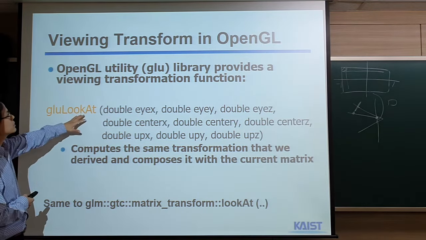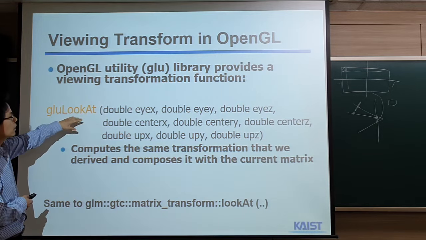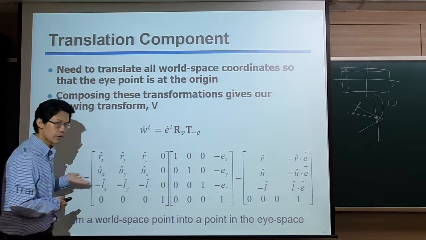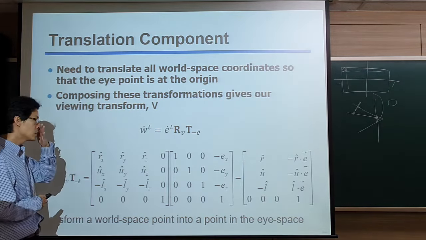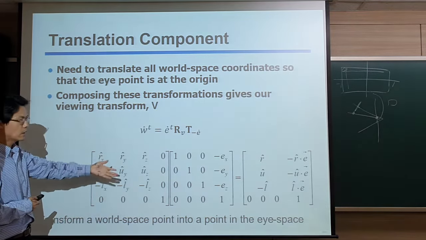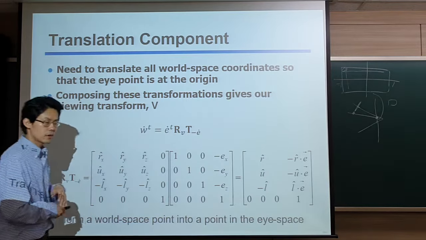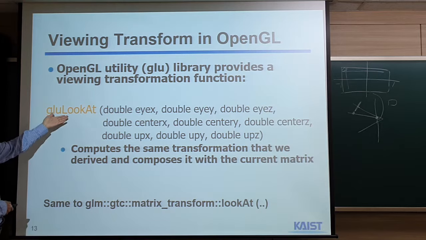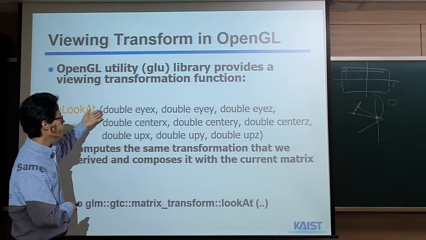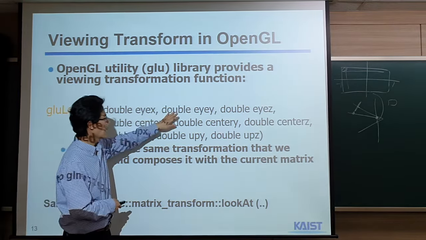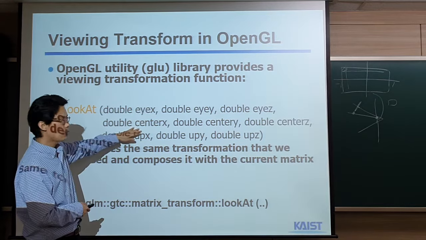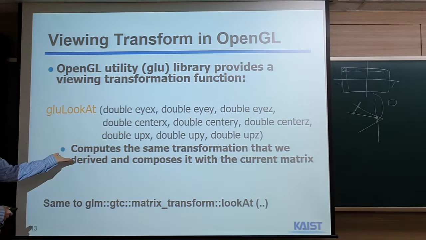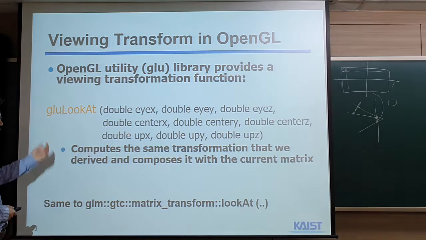If you call this function, under the hood it defines this transformation, and then when you do the rendering, it applies this matrix. Also, gluLookAt requires you to define the eye point, the center or look-at point, and also the up vector. It's actually the same thing that we talked about before.